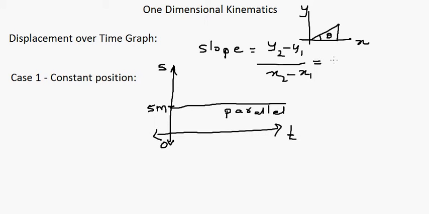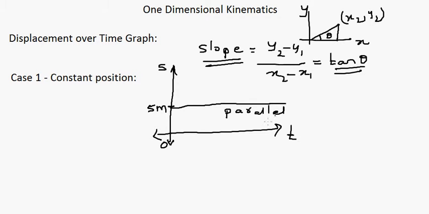It's gonna be equal to tan theta, because tan theta is opposite side upon hypotenuse. That's it. As we assume that this is x2 comma y2 and this is x1 comma y1, y2 minus y1 is this axis, x2 minus x1 is this axis, opposite side upon hypotenuse, that is tan theta. Hence slope is going to be equal to tan theta.